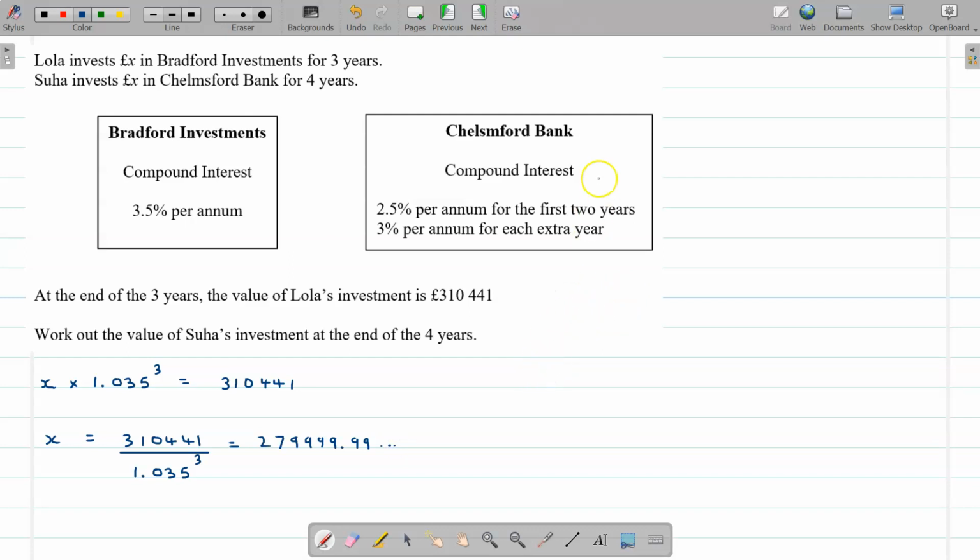280,000. So if we go over to this side, then what we're interested in is the amount of money at the end of 4 years for Sua's investment.